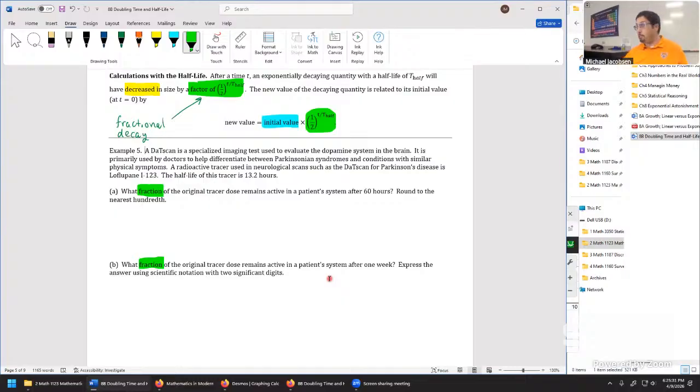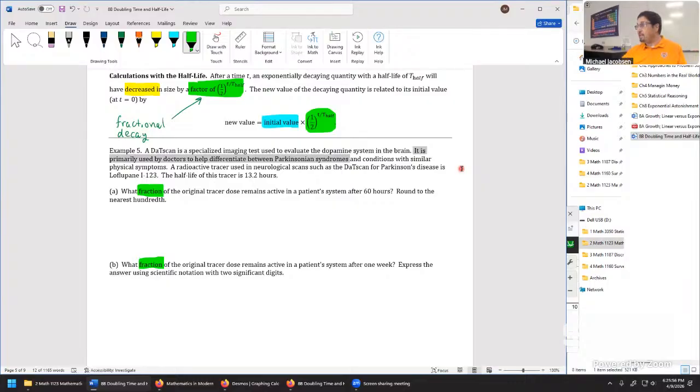So the context here is about a certain kind of scan called the DAT scan, which is a real imaging test specialized to evaluate the dopamine system in the brain. So we're imaging the brain with this kind of scan. It is primarily used by doctors to help differentiate between Parkinsonian syndromes.